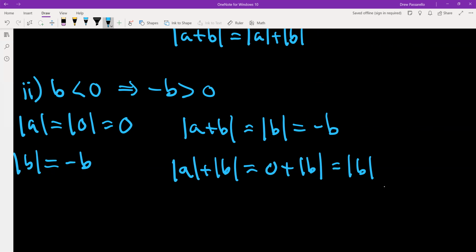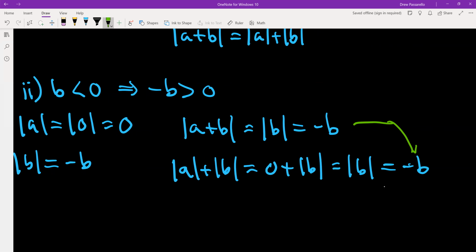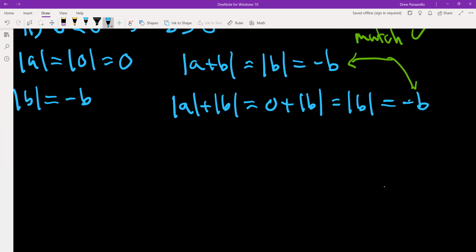Since b itself is negative, the absolute value of b is equal to negative b, which is positive. But the point is that they both equal negative b. Okay, so these match. So we've shown the absolute value of a plus b equals the absolute value of a plus the absolute value of b.